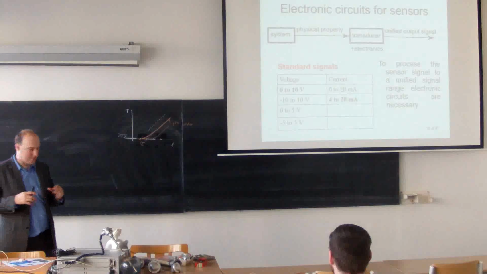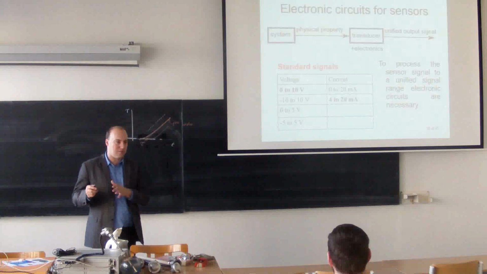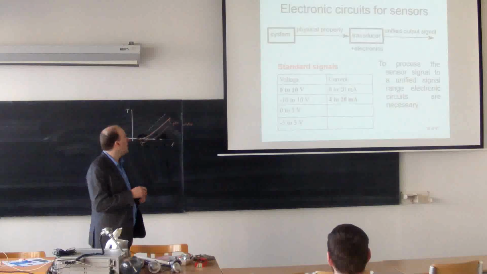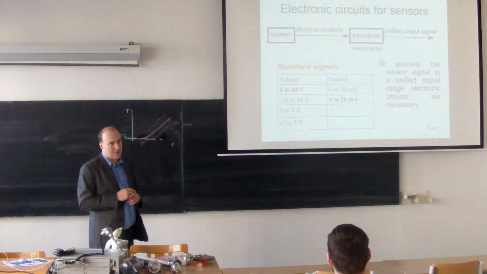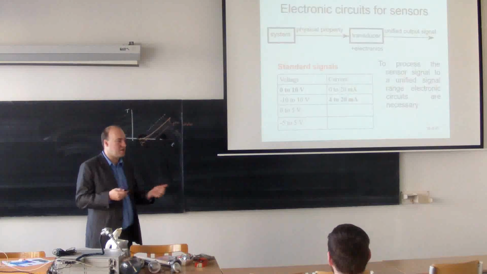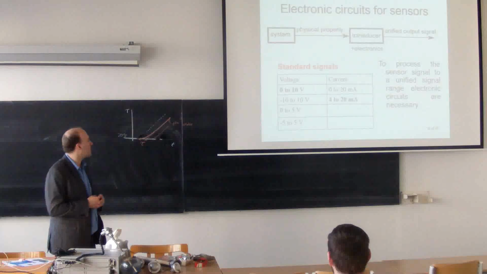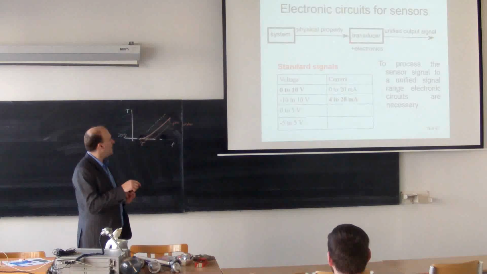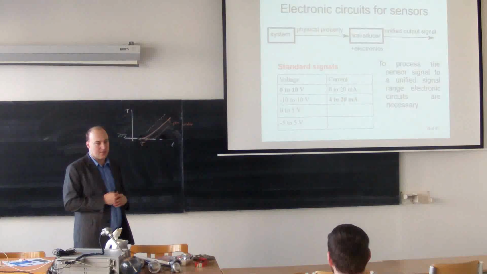The whole system will be composed of several, say, electronic boards. We will have the sensor itself. We will have a medium, some physical property, it could be temperature, it could be humidity, it could be whatever value you can imagine. And the sensor transfers this physical property into some output signal.